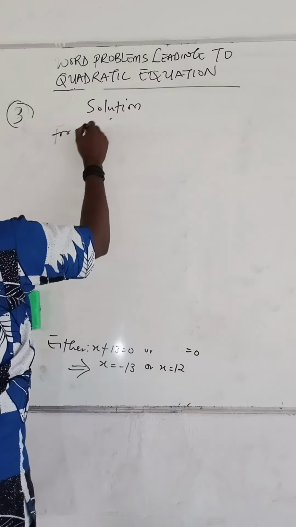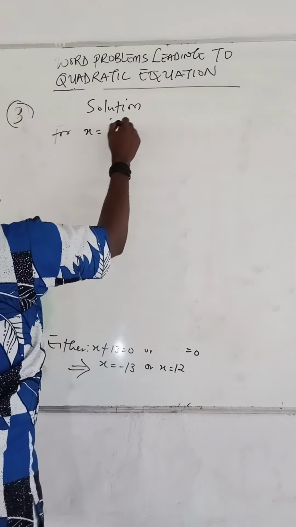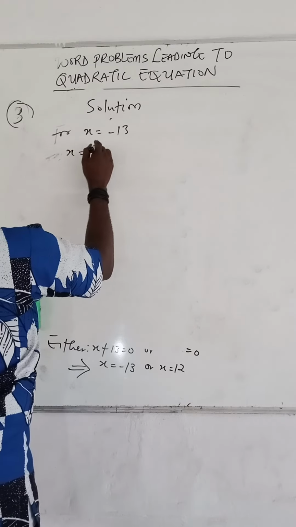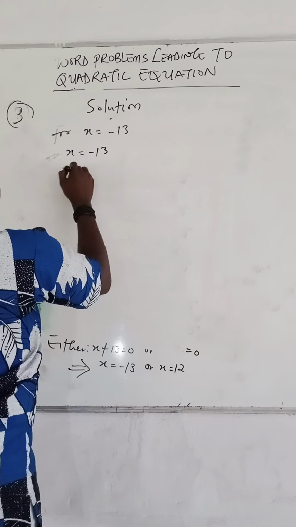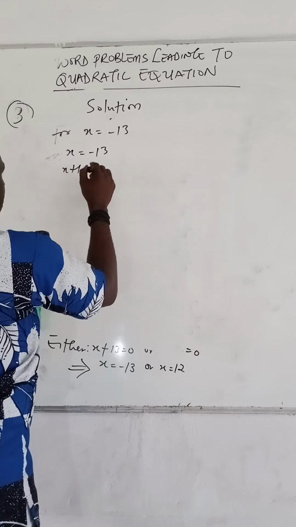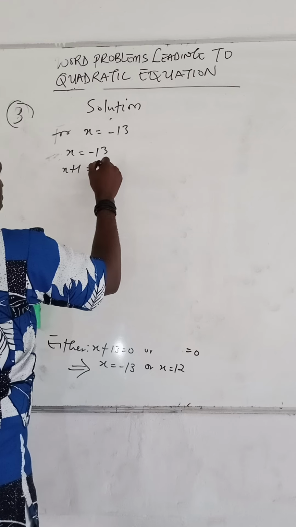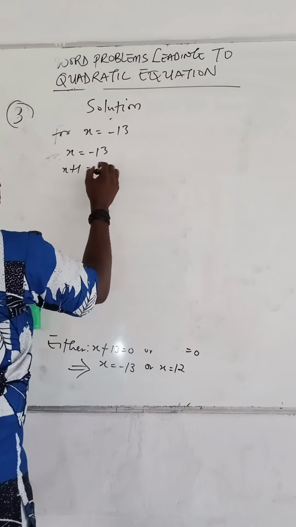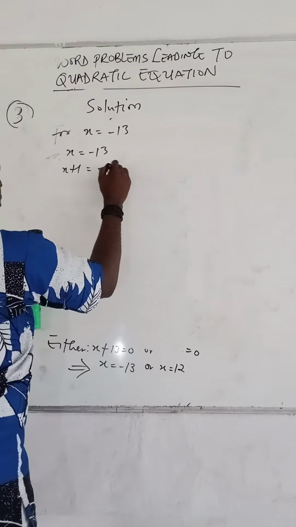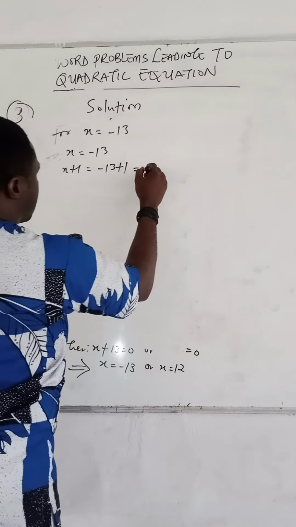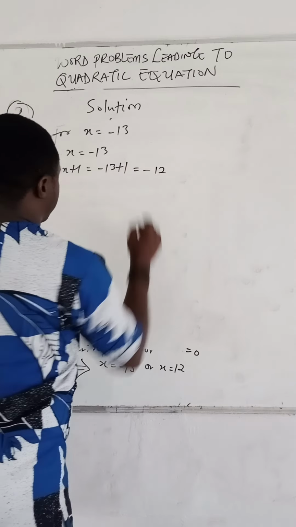For x equals minus 13, we have x equal to minus 13 and x plus 1 equals minus 13 plus 1, which is minus 12.